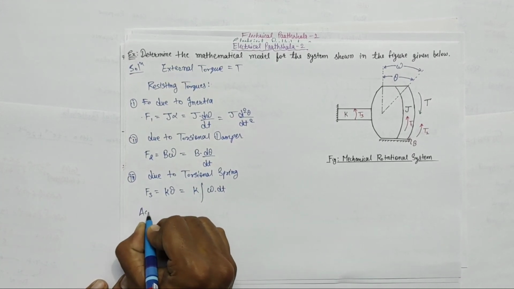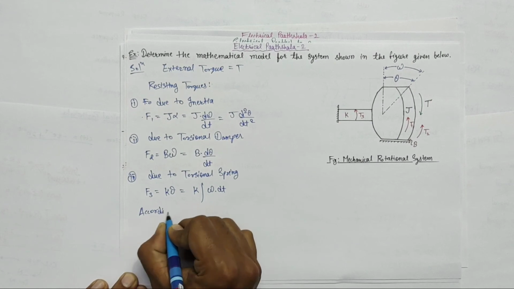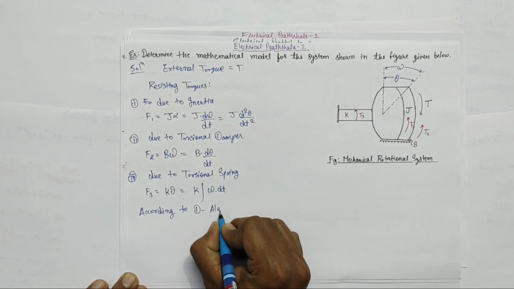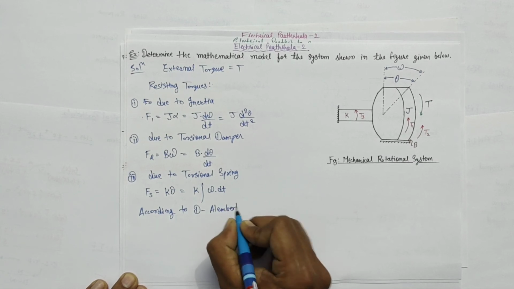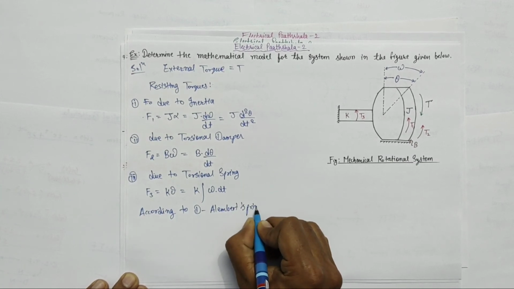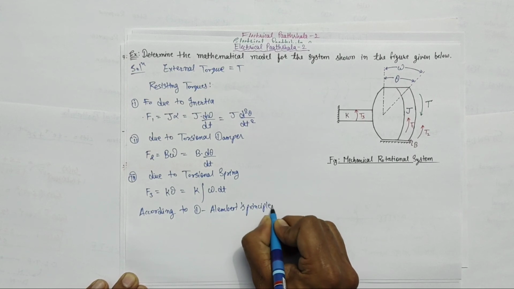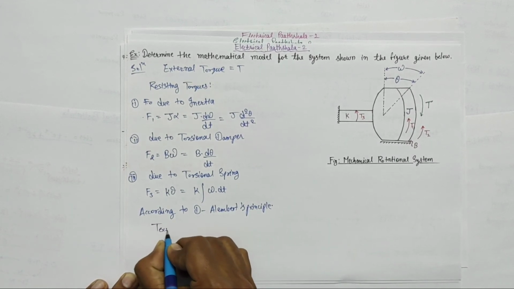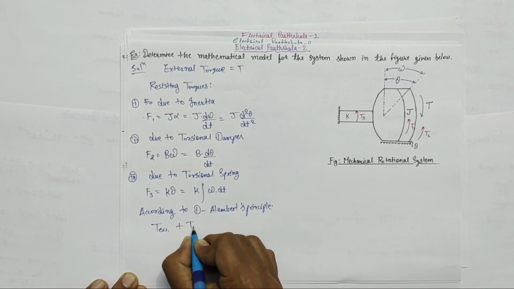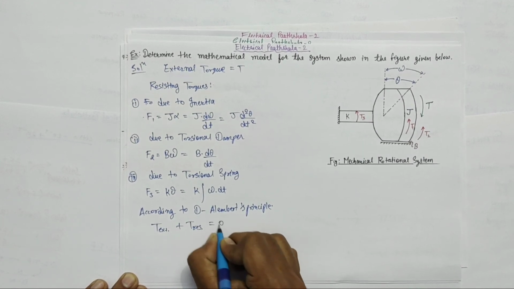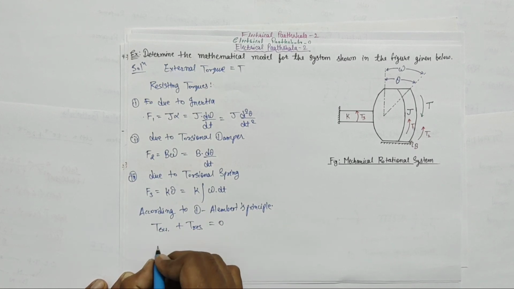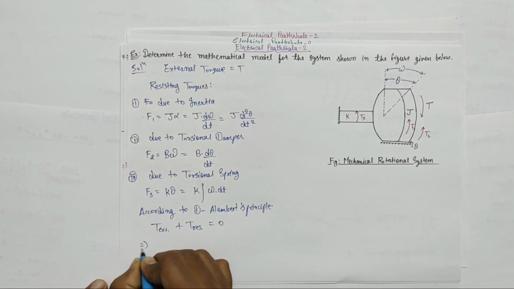Now, according to D'Alembert's principle, we know that the algebraic sum of external torque and resisting torque will always be zero.